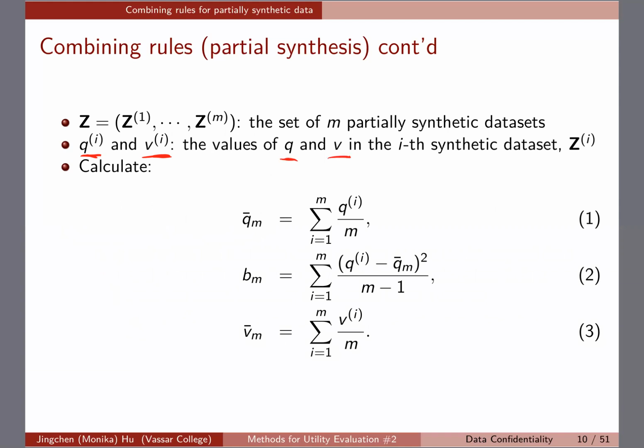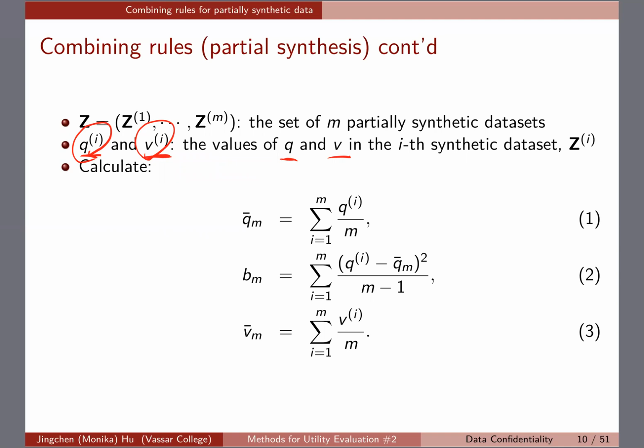We call them combining rules because you still do the analysis on each synthetic data set, whether it's a mean estimation or a regression estimation. You get all of the estimates, and then we combine them to produce valid inferences. That's what combining rules are about, and that's why we still work at the synthetic data level, so we have this Qi and Vi.